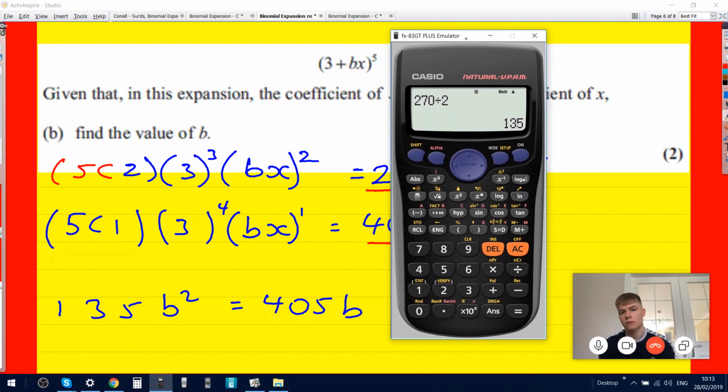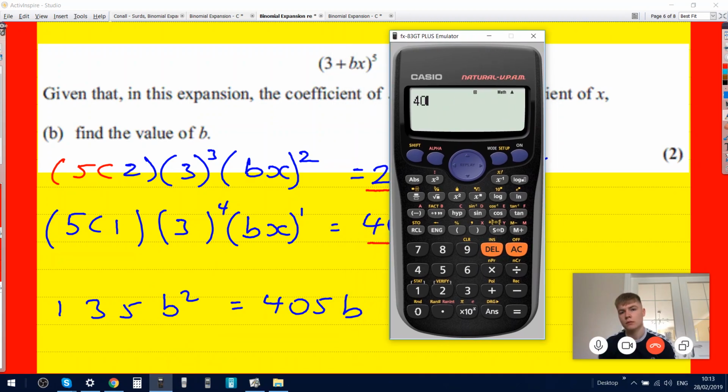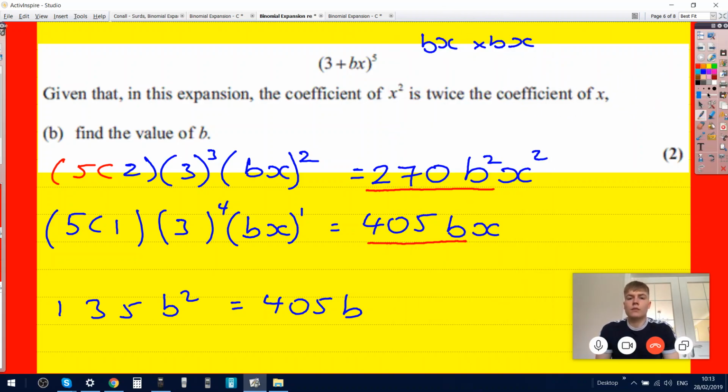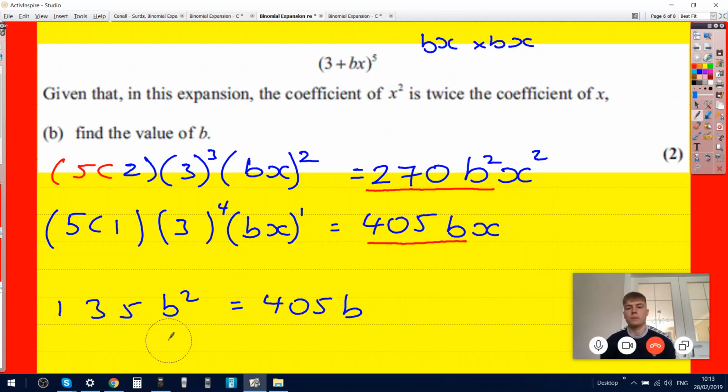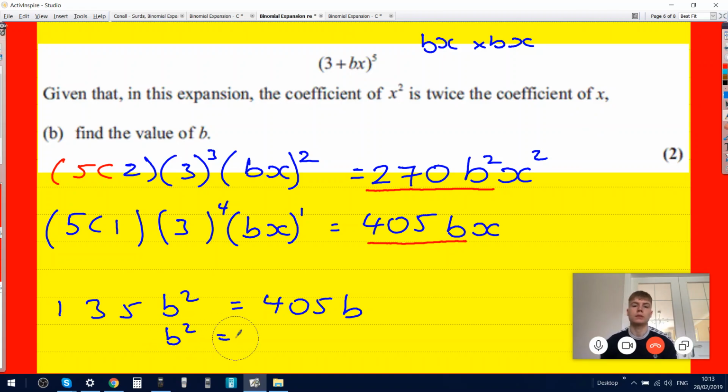That might not work, but if I divide that by 135, there you go, 3. Brilliant. So if you divide both sides by 135, B squared equals 3B. Now how do we solve this?